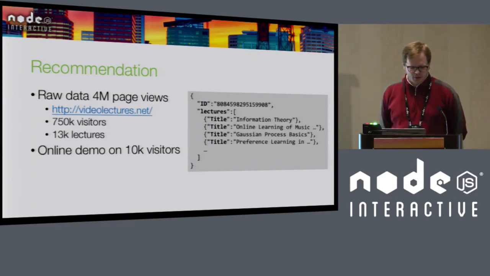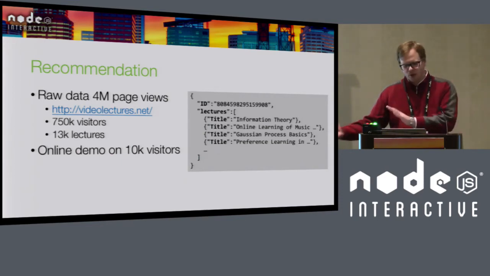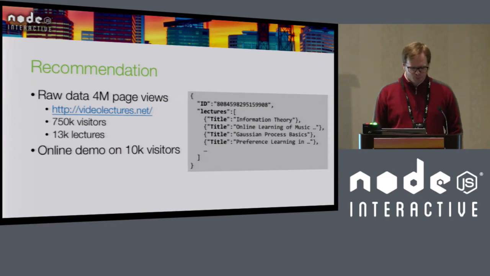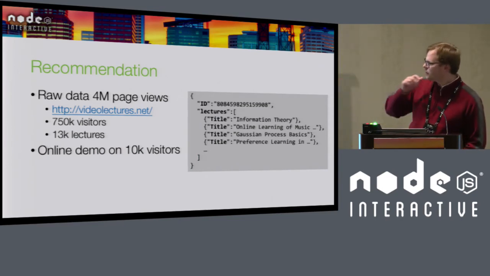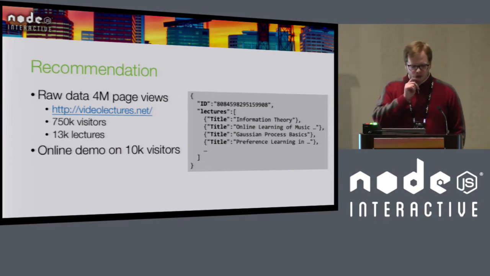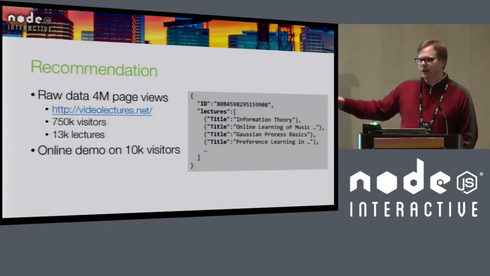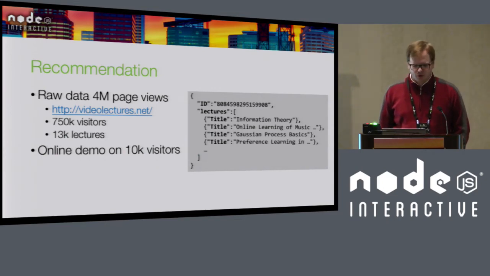That's a website with lots of lectures, mostly focused on data analytics lectures. We collected, over a period of a couple of months, 4 million page views with 750,000 visitors and 13,000 lectures. For the demo, to run it on Tonic, we just focus on 10,000 visitors. But if you do it on a laptop like this, it still runs quite fine.